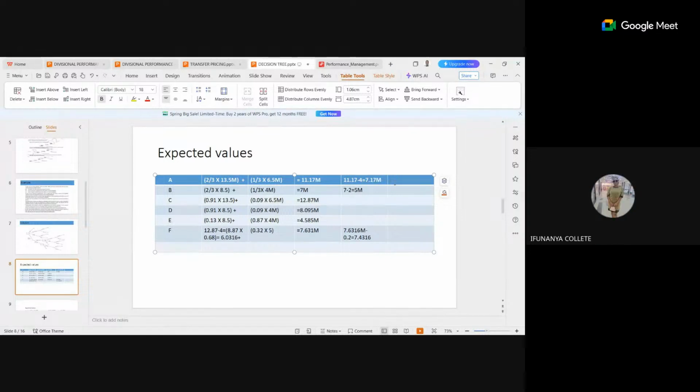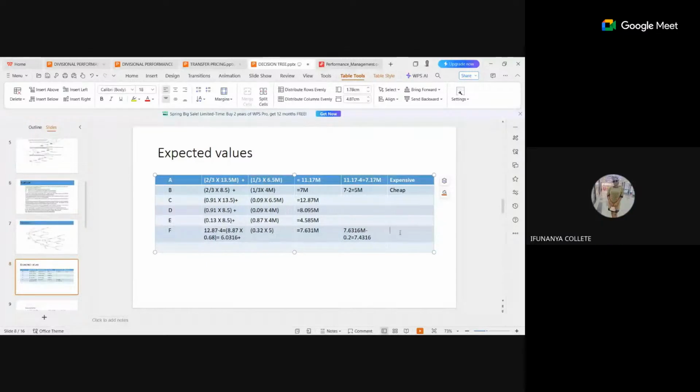this is the A. The A is what? Expensive refurbishment. This is expensive refurbishment. This is cheap refurbishment.